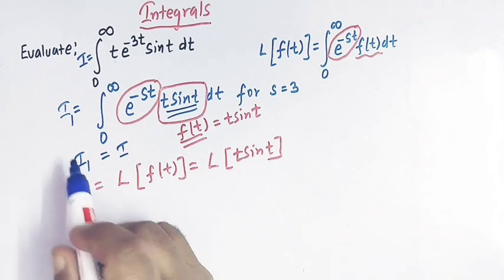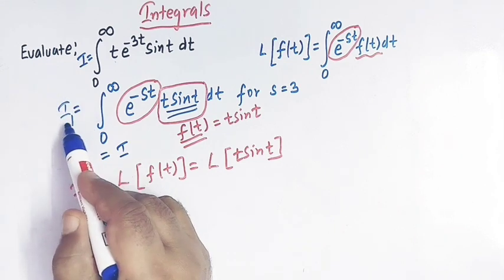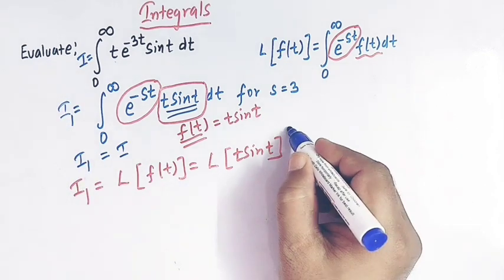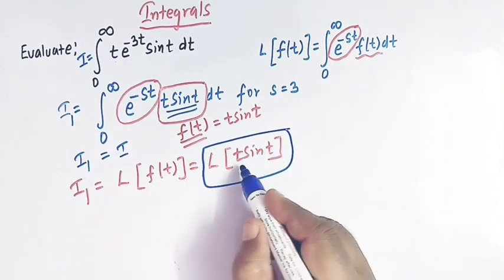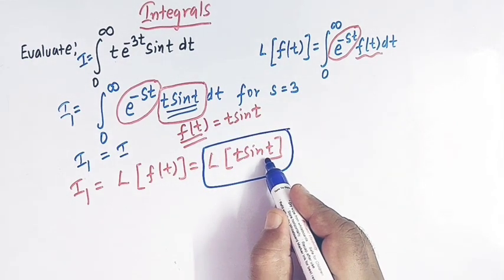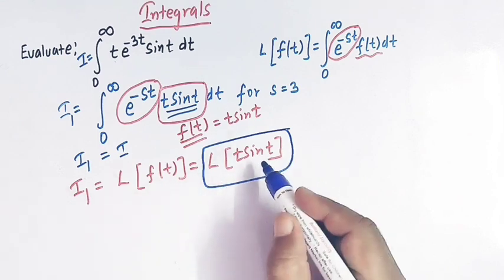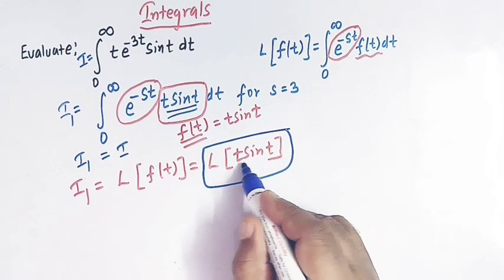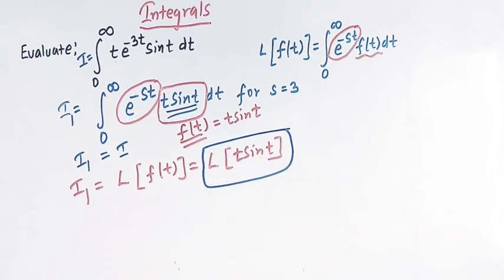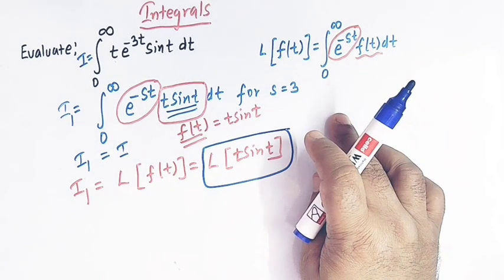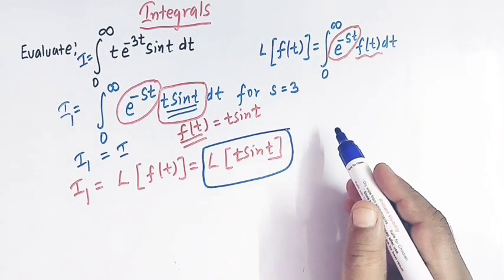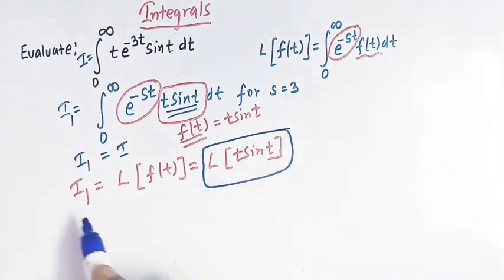Okay, so now to find out the value of this integral I1, we have to find the Laplace transform of t sine t, right? And in order to find out the Laplace transform of t sine t, we'll use one very important property of a Laplace transform, right? So let us first quickly write that property, and then we can readily apply that property to get the value of I1.